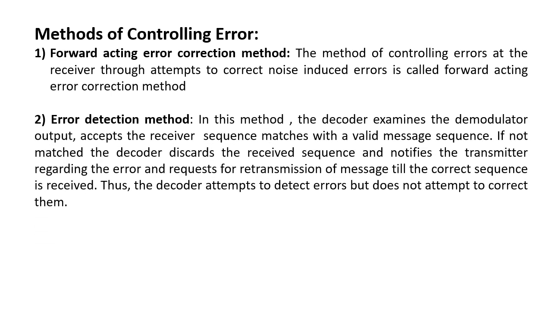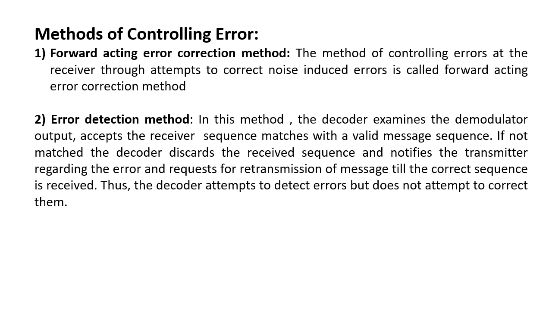In this method, the decoder examines the demodulator output, accepts the received sequence, and matches it with a valid message sequence. If not matched, the decoder discards the received sequence, notifies the transmitter regarding the error, and requests retransmission of the message till the correct sequence is received.